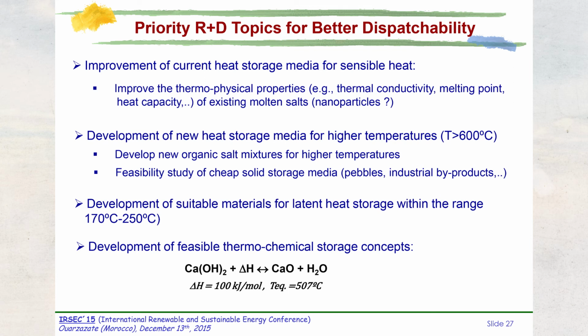Concerning the environmental footprint, this is also very important because the solar thermal power plants we are using nowadays are consuming a lot of water in the cooling system of the power block. We have to condense the steam coming from the steam turbine, and for this cooling system, we need water.